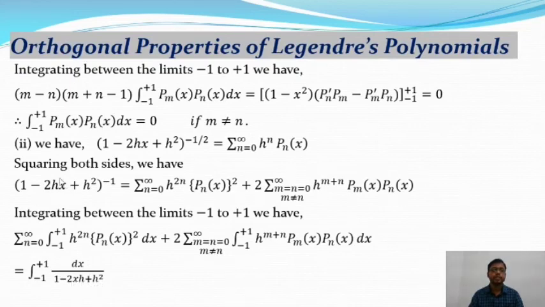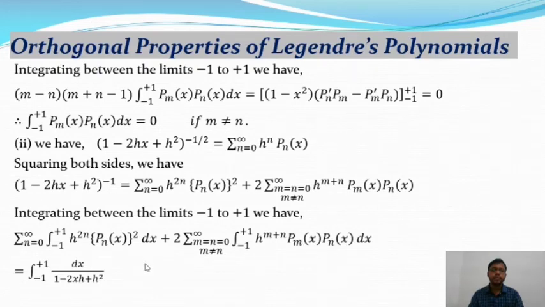This is the left side of the above equation. You know the second term of this integration will be 0. Why is it 0? For m not equal to n, the integral from -1 to +1 of Pm(x) Pn(x) is equal to 0. This is the first property of the Legendre polynomials, you know that.